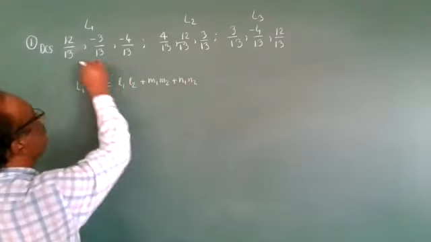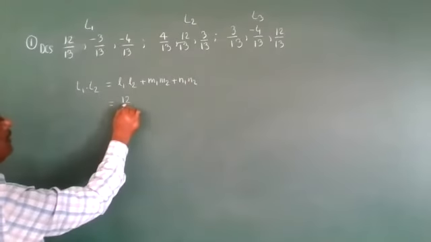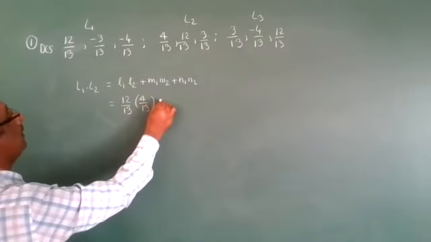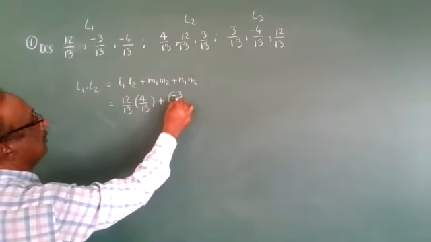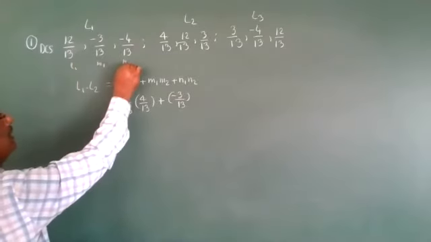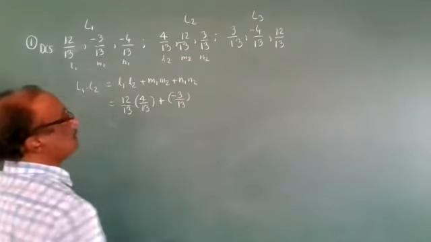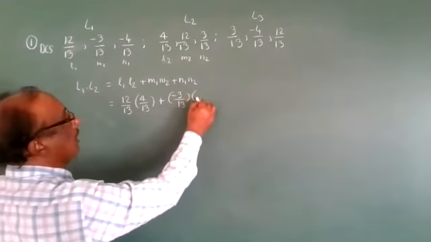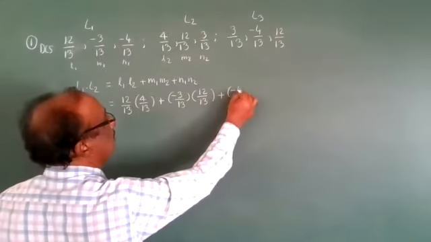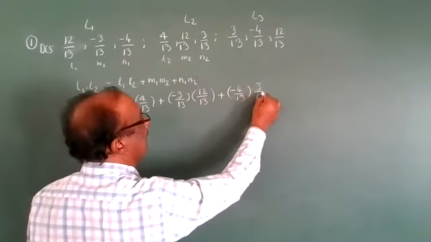Here L1 is 12 by 13, L2 is 4 by 13, M1 is minus 3 by 13, M2 is 12 by 13, N1 is minus 4 by 13 and N2 is 3 by 13.